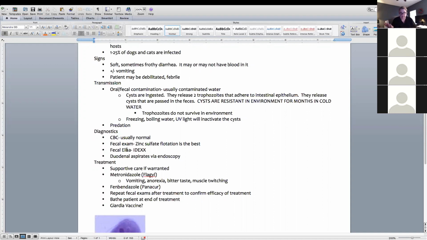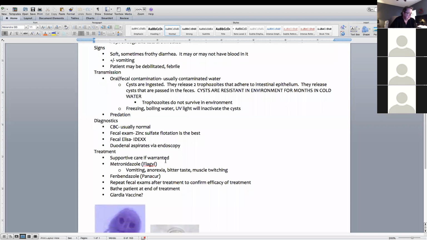And if the dog gets better on metronidazole, then maybe it was Giardia. If the dog doesn't get better, then maybe it was something different. So sometimes we'll just treat with these parasites if we suspect, but we don't have a fecal confirmation. So you can do that.